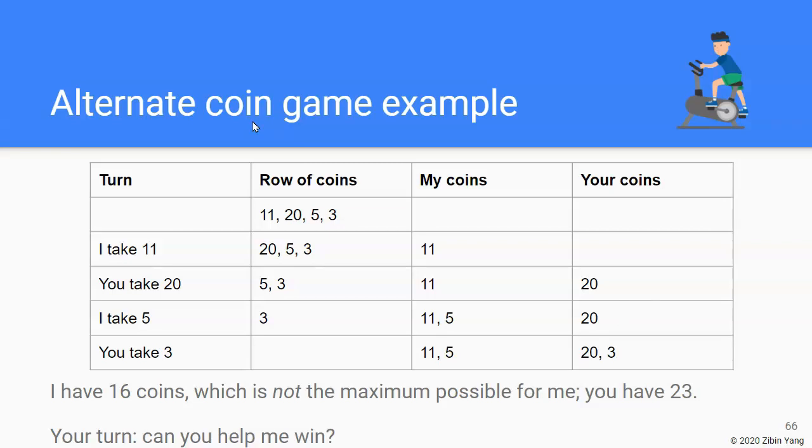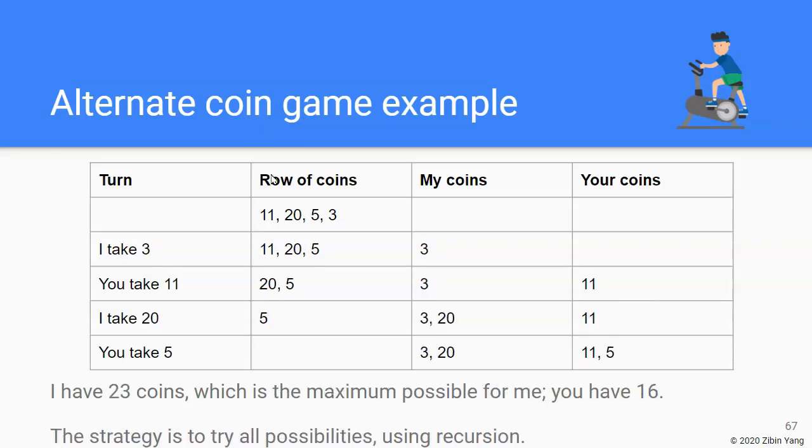Okay, hopefully you figured out a way for me to win, but just briefly, when I'm making my first choice, instead of going for the biggest coin possible at that point, which is 11, I would go for 3. So I pick 3, and now the best possible choice for you in the remaining coins is really 11.